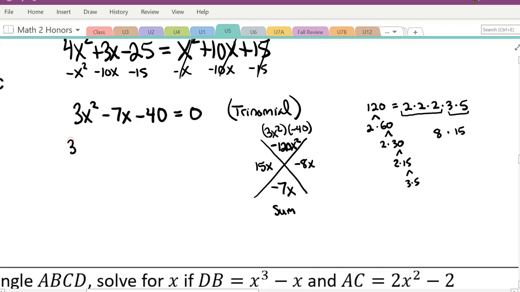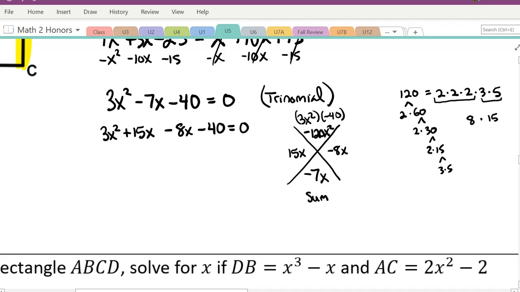So I rewrite this as 3x squared plus 15x minus 8x minus 40 is equal to 0. So I split the negative 7x, I replace that with the two terms that we worked to find, right? And now I'm going to factor by grouping.